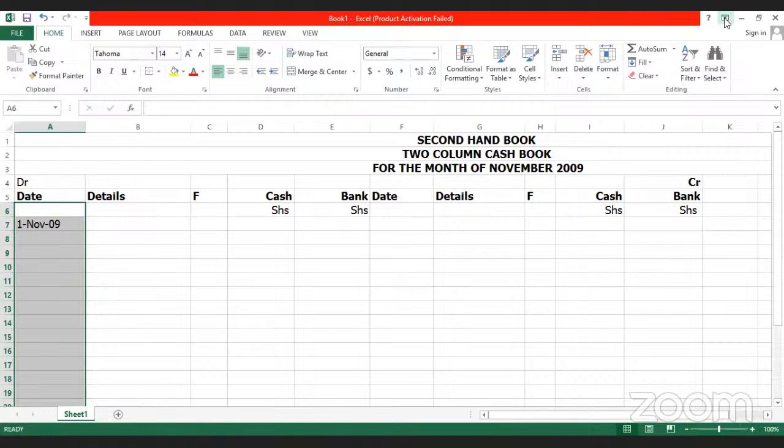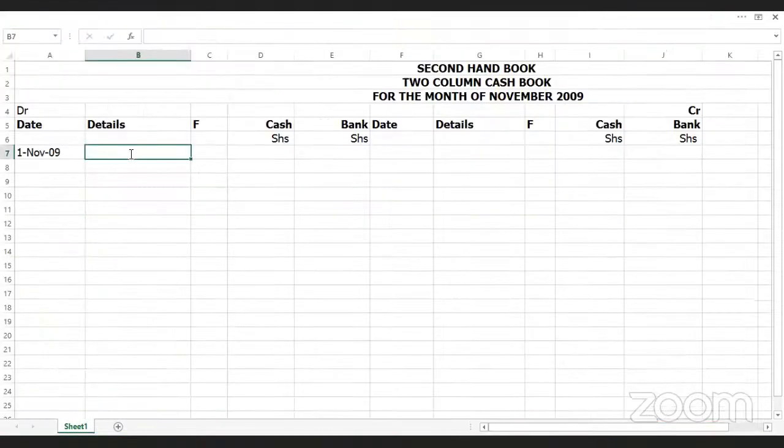It's what we record in the details column. So balance brought forward. Emma, how much is the balance brought forward for cash? It's 295. Then bank is 4,240.